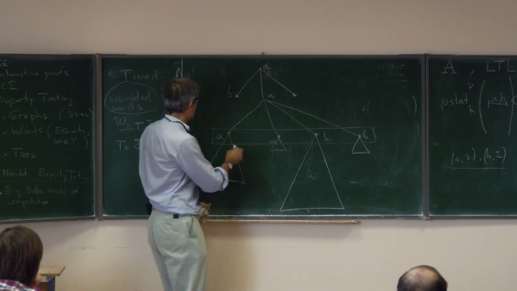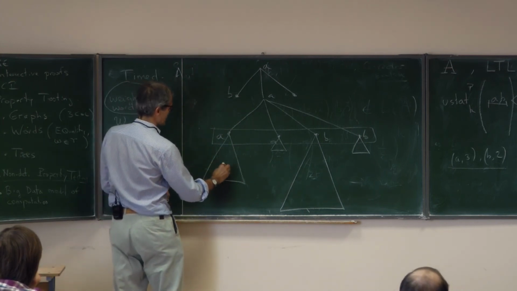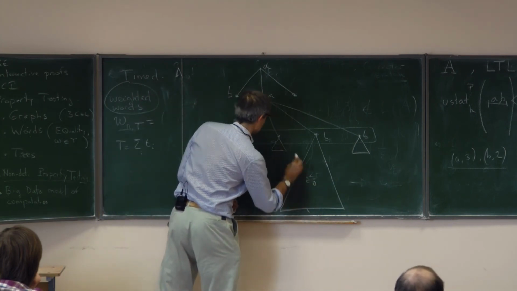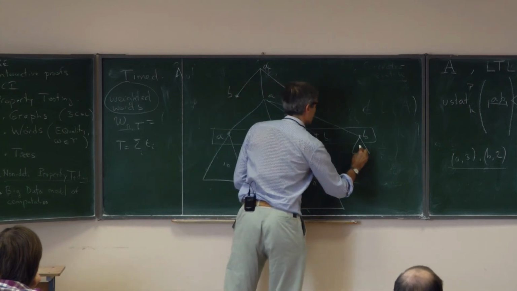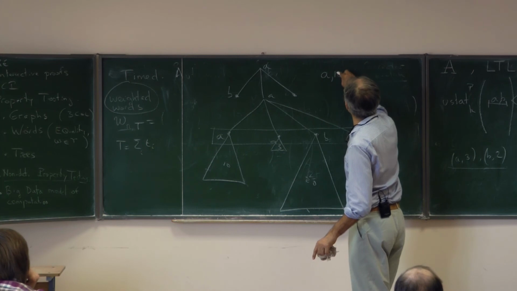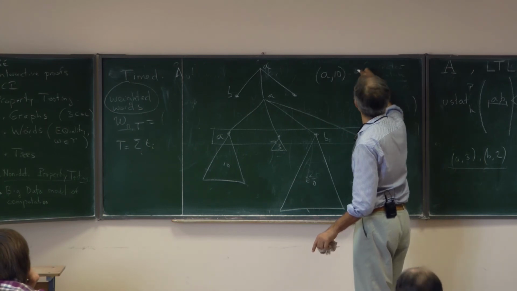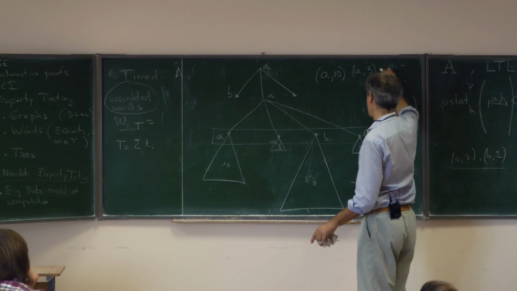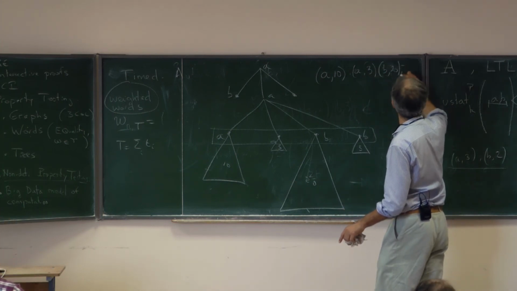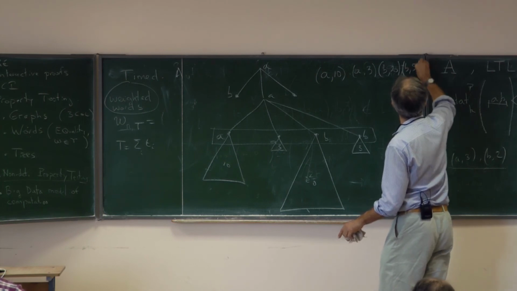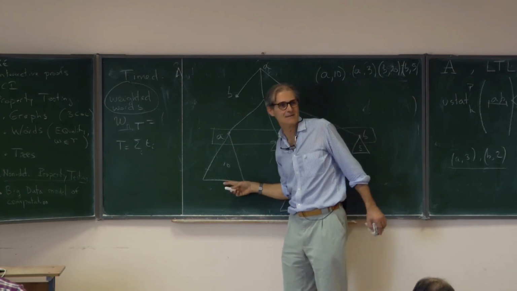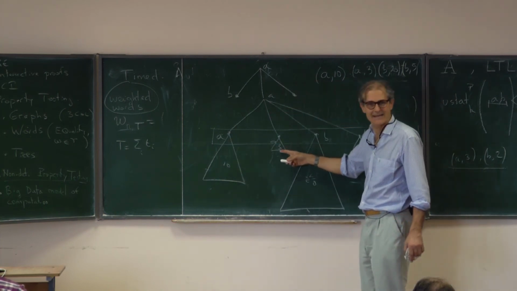Then it makes total sense to say, let's suppose this size is 10, this size is 20, this size is 3, this size is 5. That amounts to saying that you are dealing with the weighted words A10, A3, B20, B5, because every time you edit here, it costs 20. Every time you edit here, it costs 3.